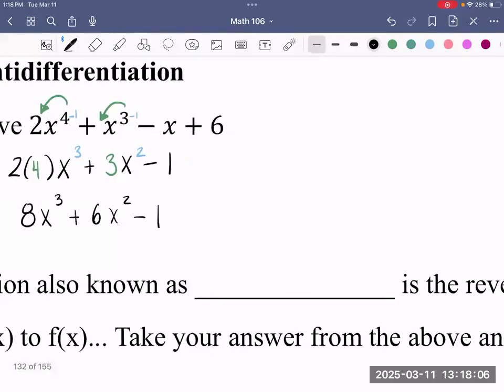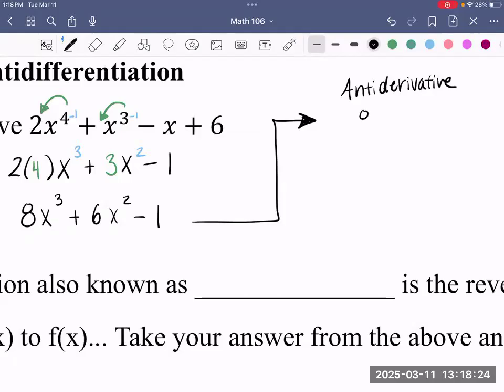But let's say we wanted to go in the reverse. So let's say we wanted to do the antiderivative. Anti is like the opposite, right? We don't want to differentiate, we want to go in the opposite direction. So let's say I gave you 8x cubed plus 6x squared minus 1. Now, can you try and go in the reverse?